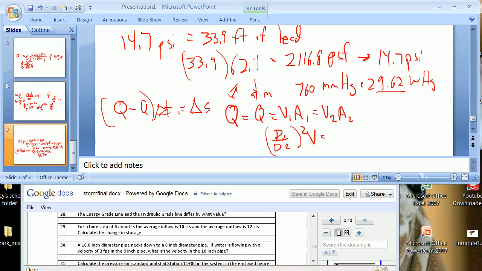Then you have to decide whether it's faster or slower. In this case, you're given the velocity in the 8-inch pipe and you want to know the velocity in the 10-inch pipe, so it's going to be smaller. So it's going to be 8 over 10 squared, because the diameter becomes squared in the area, and then you multiply that by the 3 feet per second.